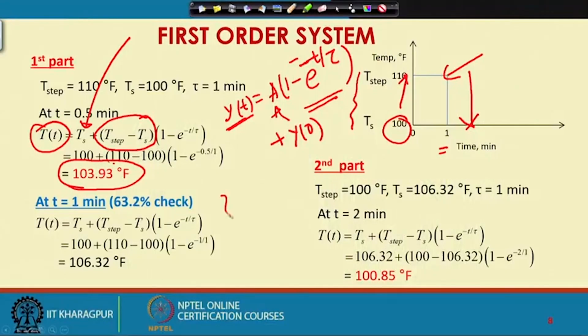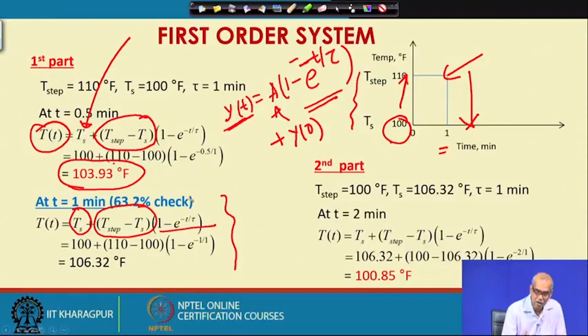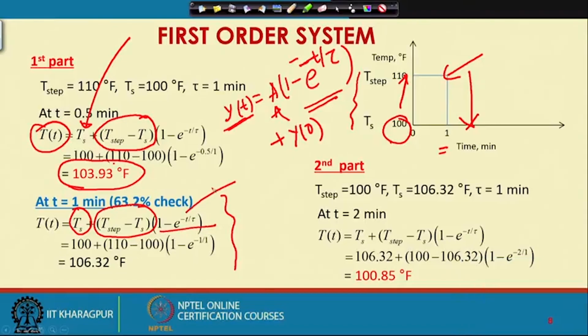Again, it is a straightforward application of this equation. Initial value is still 100 degree Fahrenheit, magnitude of step 110 minus 100, and 1 minus e to the power minus t by tau. This t is now 1.